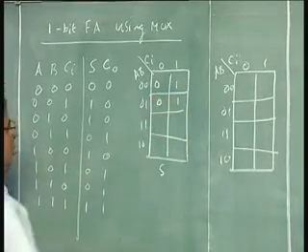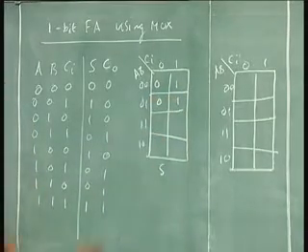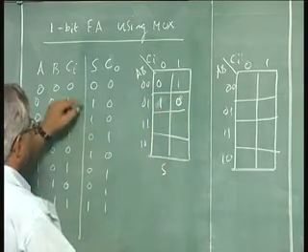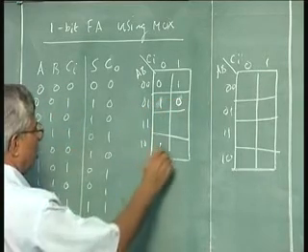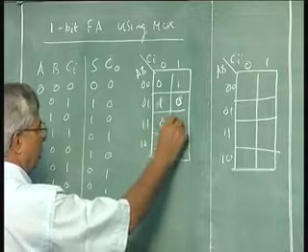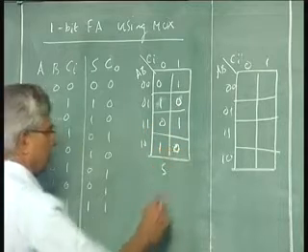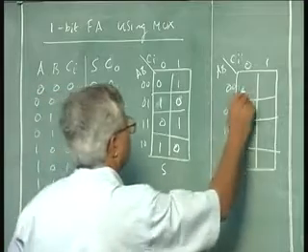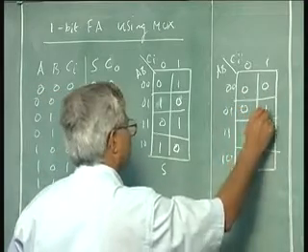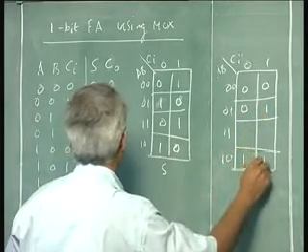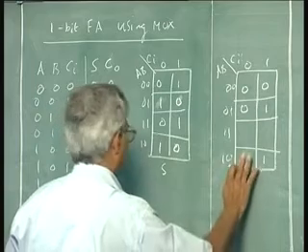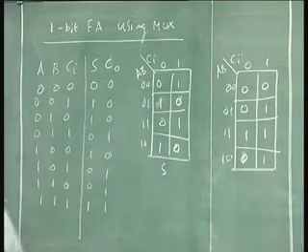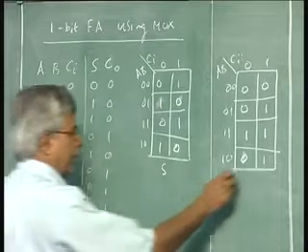Is that right? No. 1, 0, 1, 0, 0, 1. And on this it is 0, 0, 0, 1, 1, 1, is that right? This is the carry output, this one.